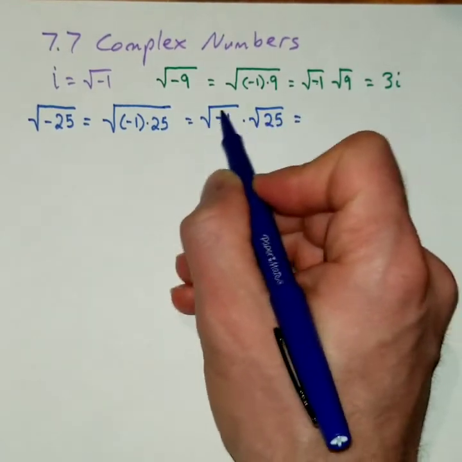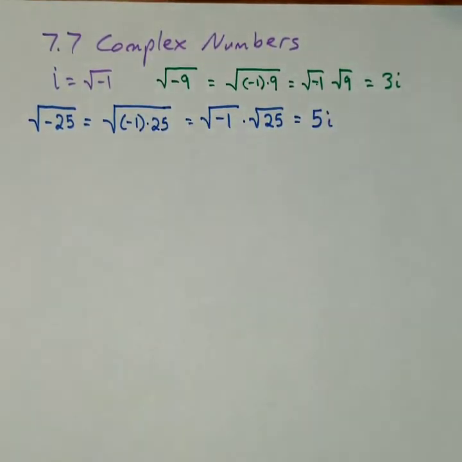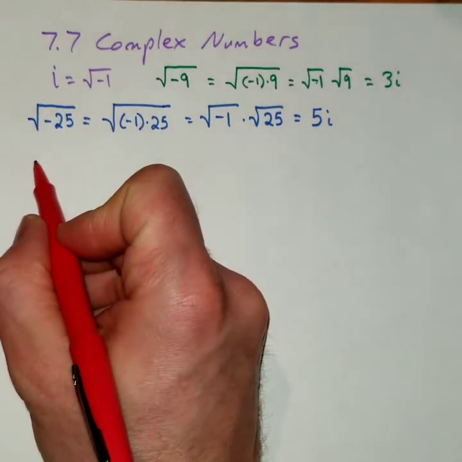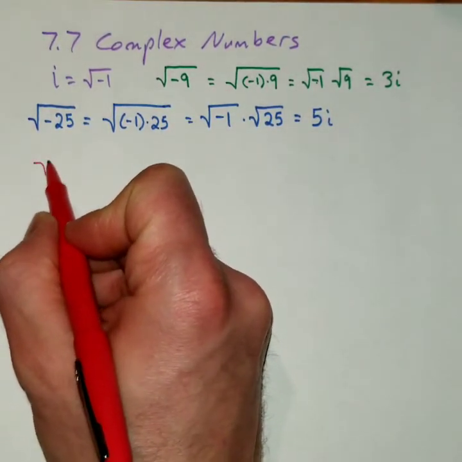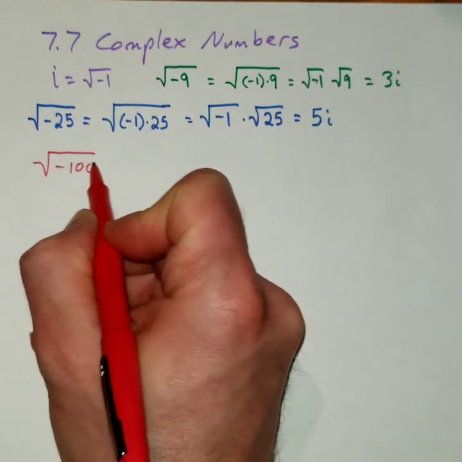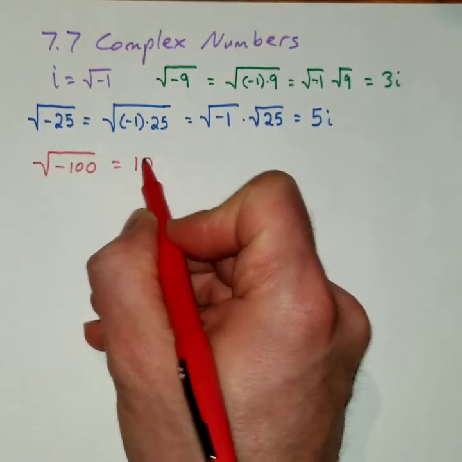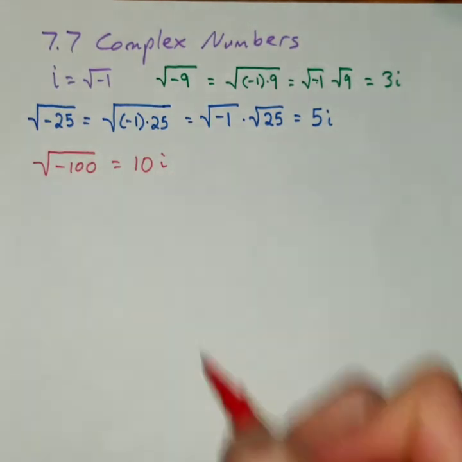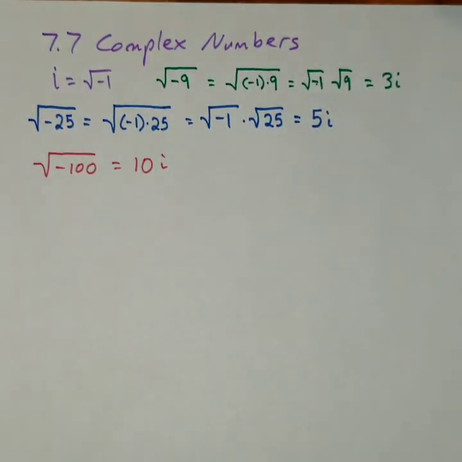That's 5, and that's i, so that's 5i, right? So very simply we can get some more radicals to simplify. You know, the square root of -100, you could obviously see is 10i. You take the square root of the number and tack the i on. Okay, so these aren't too bad, right?